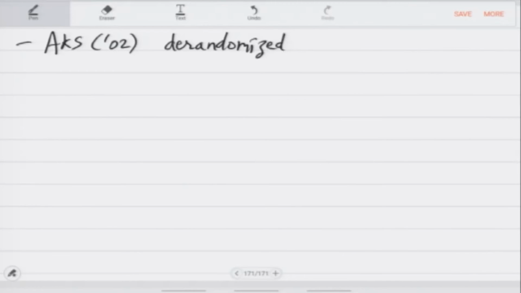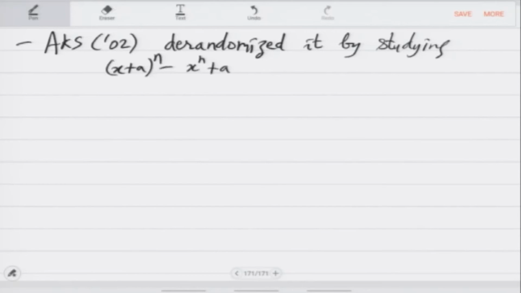So we de-randomized it by studying (x + a)^n versus x^n + a modulo n, and a very specific q which is a cyclotomic polynomial.